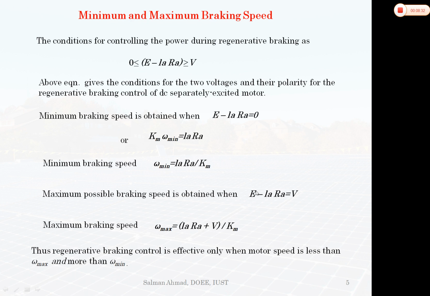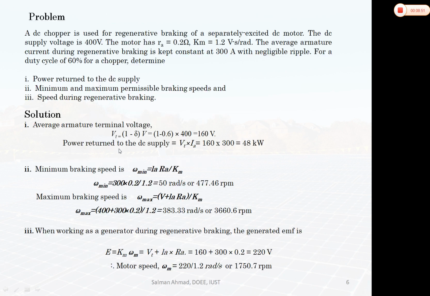If we take one proportionality constant Km, we can write omega maximum to be IaRa plus V upon Km. So thus regenerative braking control is effective only when motor speed is less than omega max and more than omega minimum. So this is the range where regenerative braking control can be applied.